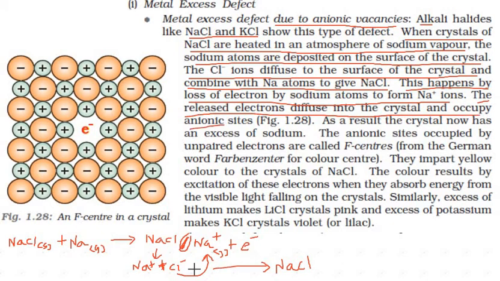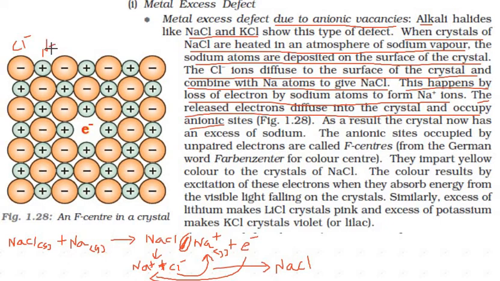Now what happens if Cl goes to the surface? The electron which just got freedom from the atom gets accommodated into the site where the Cl has left. Now you can imagine this orange color are Cl minus, and this blue color is Na plus.